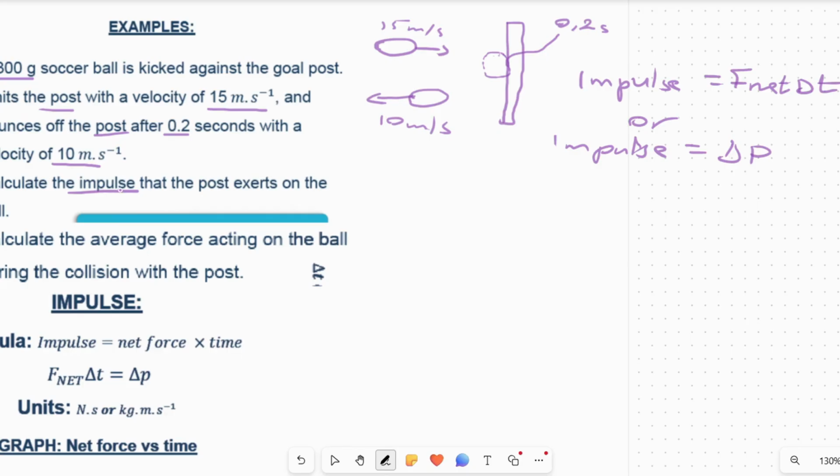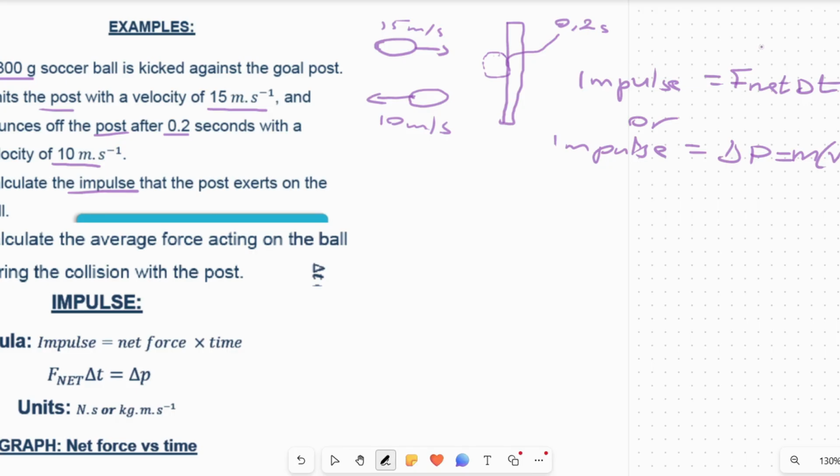So now when we want to calculate this, let's think about it. Which one between these two has more of the information that we need? Remember, I can simplify this as VF minus VI. Between the two, which one can we use?